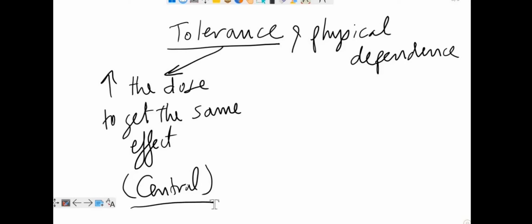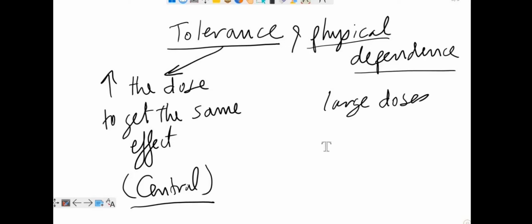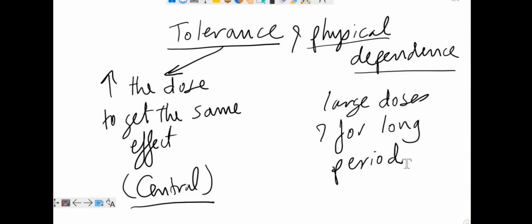The physical dependence means that the patient will become dependent on the drug, meaning he cannot survive without the drug. Usually this physical dependence takes place with very large doses and for a long period of time. Unlike barbiturates, which produce physical dependence in a very short period of time, maybe a week.